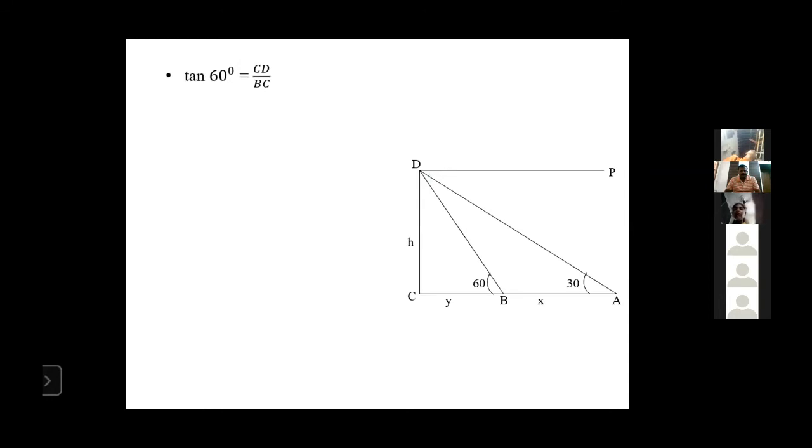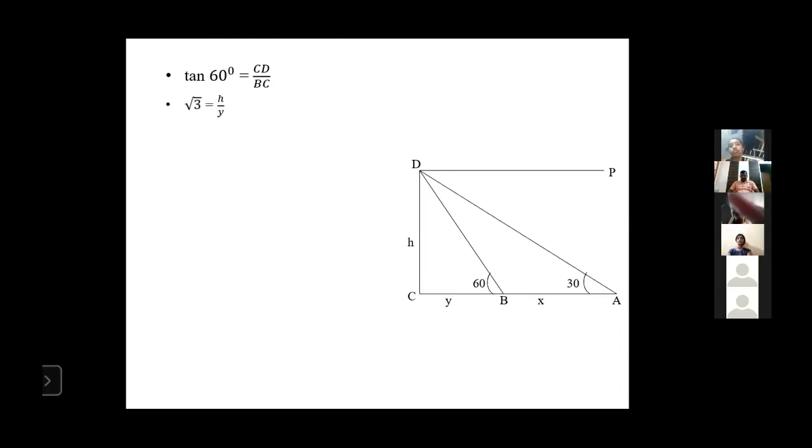So here, first we take triangle BCD. In this triangle, the angle at B is 60 degrees. For this angle, CD is the opposite and BC is the adjacent. So here also we take tan. Tan 60 is equal to root 3, equal to CD by BC.